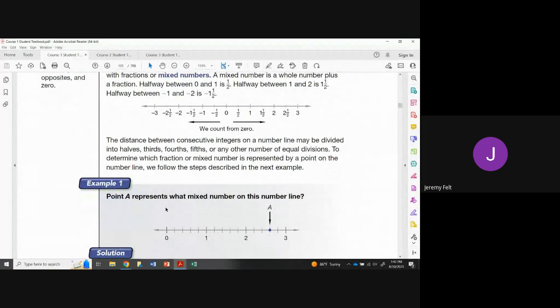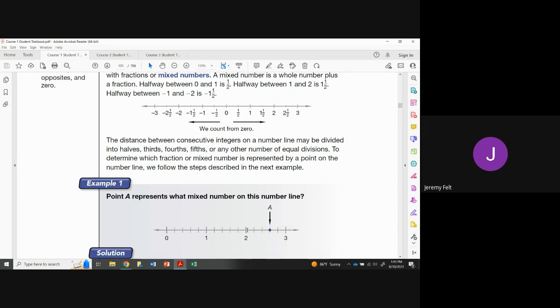So if we're looking at example 1 here, point A represents what mixed number? So we know 1, 2, so it's going to be 2 and something because it's between 2 and 3. And then to know what fraction we're looking at, we count the tick marks. 1, 2, 3, 4, and then 5 would get us to the next integer. So we're 1, 2, 3 of our 5.